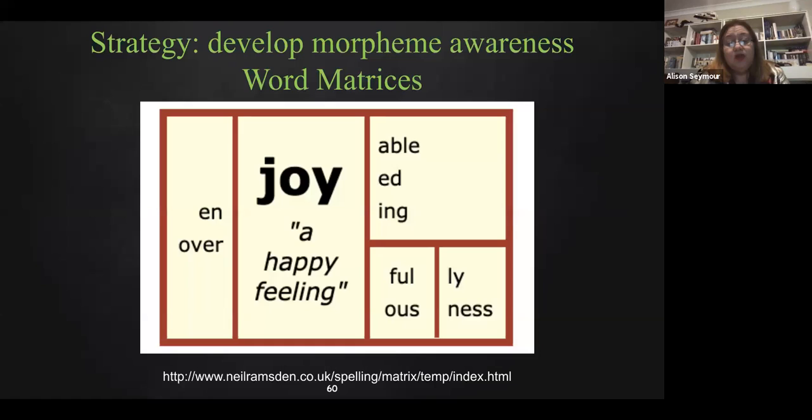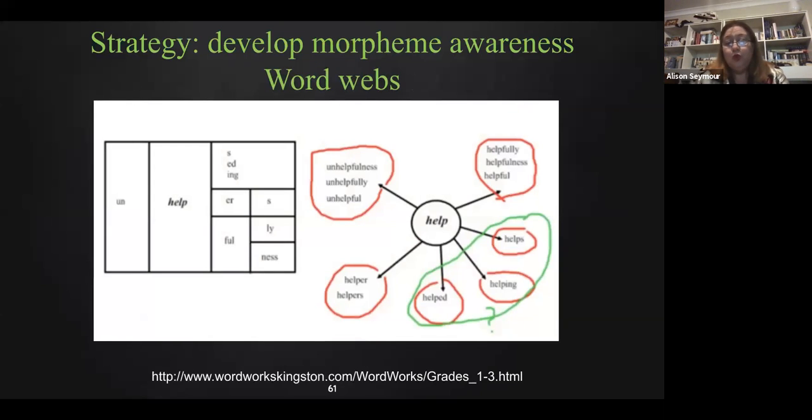And so you can actually create little word matrices online and then work with your students to pull these words apart. So from joy, you can create all these different words. And with the word matrix, you can use word webs.